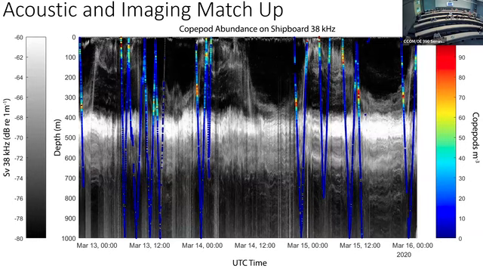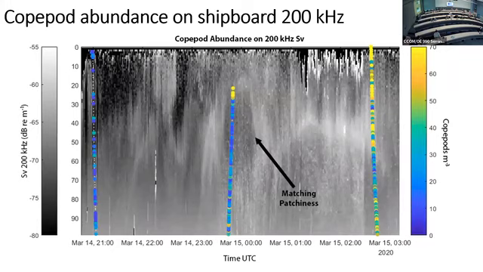This is the shipboard 38 kilohertz, so they're not seeing copepods, but you can see that the diel habits of the copepods seem to match overall the diel habits of the 38 kilohertz. Again, you can see how powerful it is to match these up for looking at ecosystem structure. Then there's scattering at 200 kilohertz, where you could feasibly detect these larger copepods near the surface when they're abundant enough.